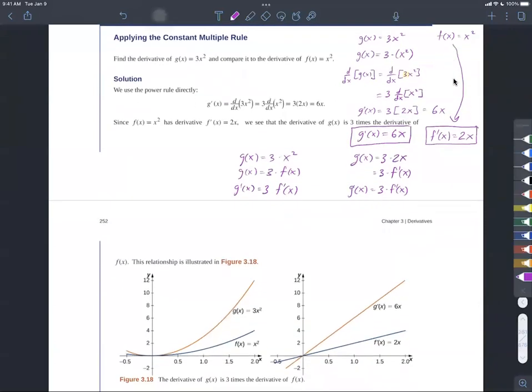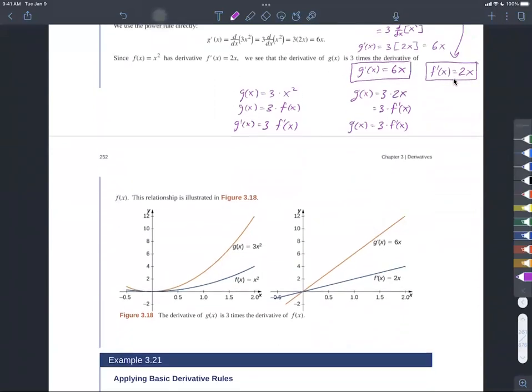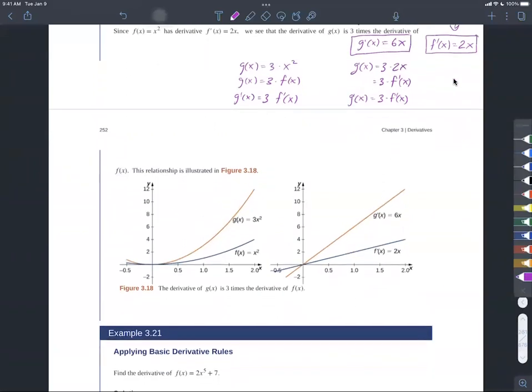So let's go ahead and read here. It says, since f of x equals x squared has a derivative of f prime of x equals 2x, we see that the derivative of g of x is 3 times the derivative of f of x. This relationship is illustrated in figure 3.18.